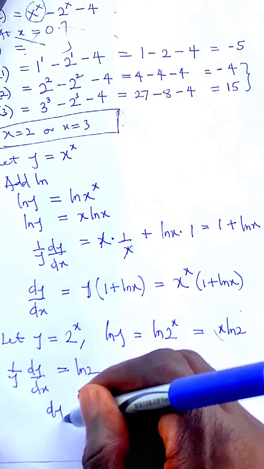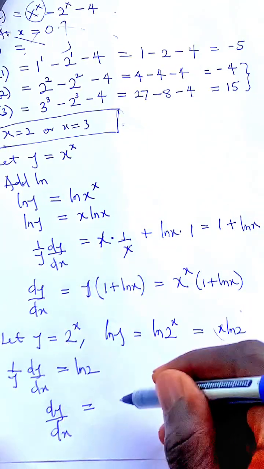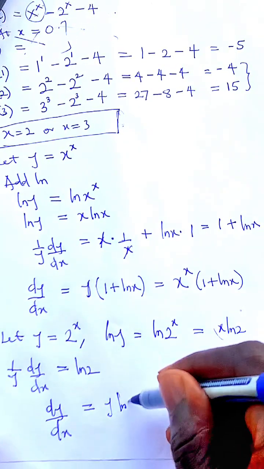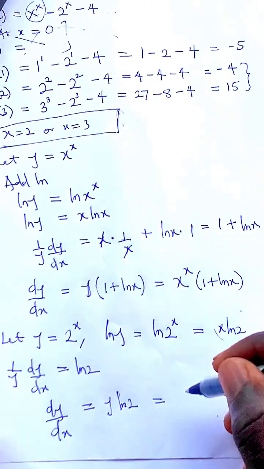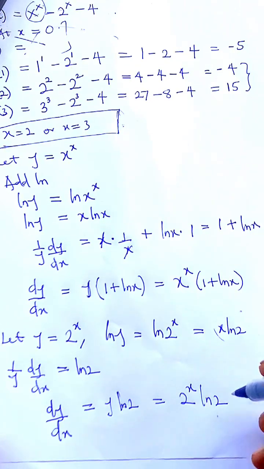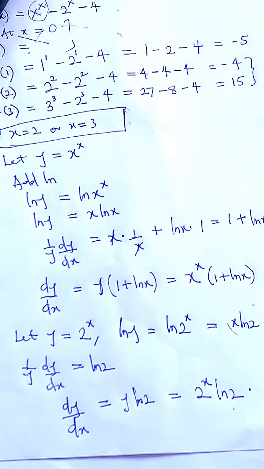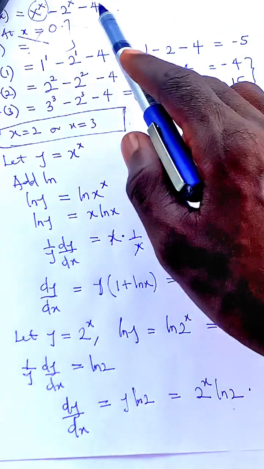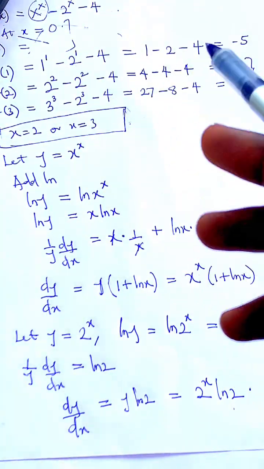Then dy all over dx is equal to y ln 2, and what is y? y is 2 to the power of x, and ln 2. So we are done with the derivative, okay? Because if you differentiate minus 4 it is 0, so we have nothing to do with that.